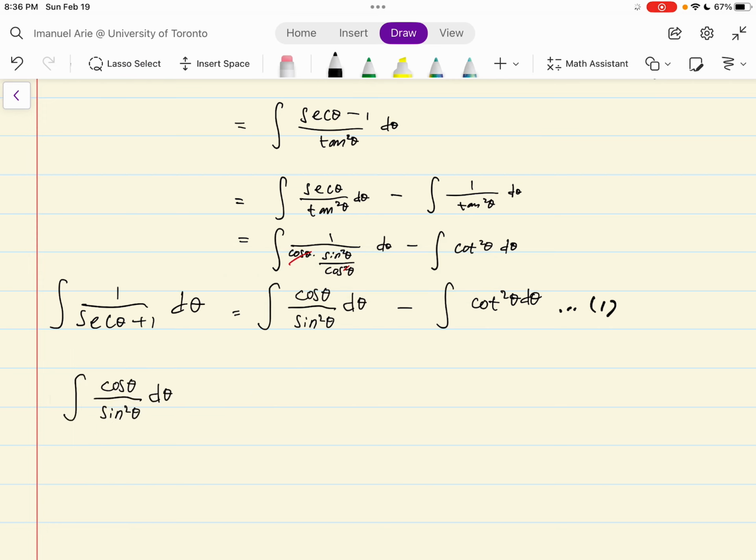So here we have this, and as you can see, this integral looks like it tells us to use a direct substitution where we substitute z, or maybe other dummy variables, whatever you like, to be sine theta. When we take the derivative of it, we will have cosine theta times d theta, which is equal to dz. So here I will take z.